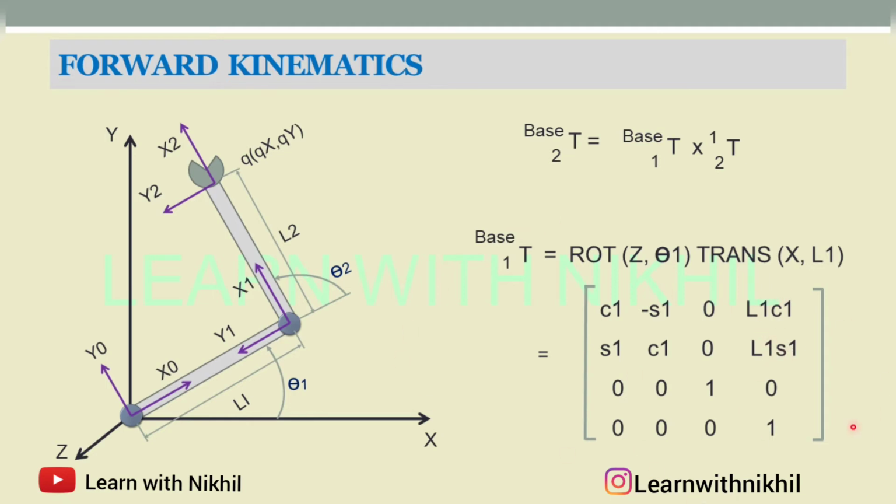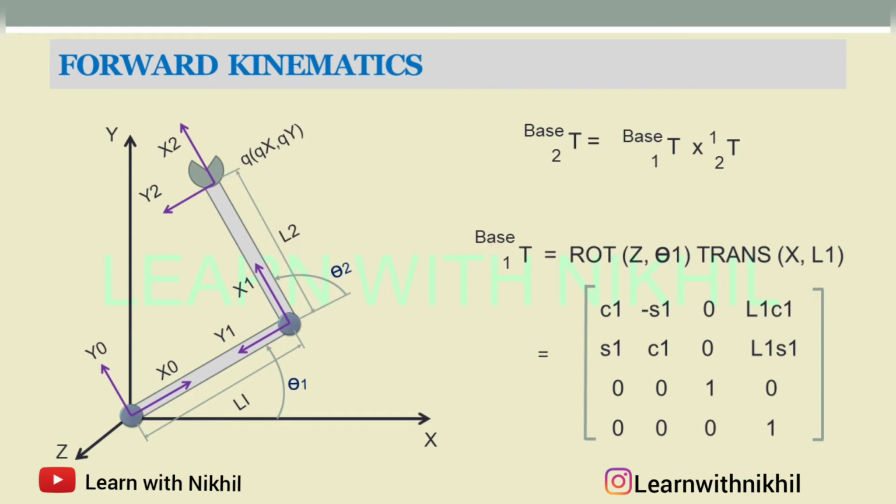This we have studied in our previous lecture. So this is the rotation part and this is the transformation part, and this is the transformation of 1 with respect to the base.